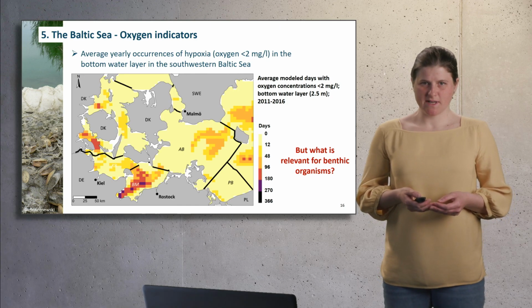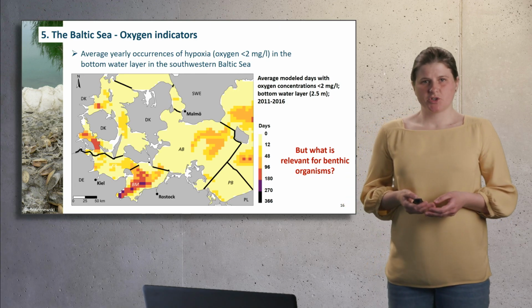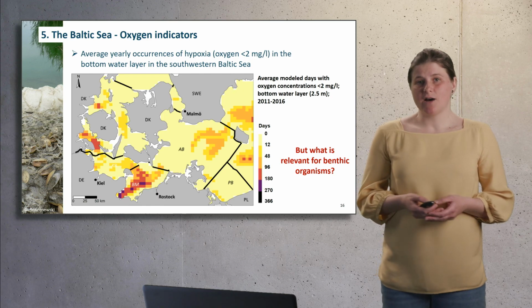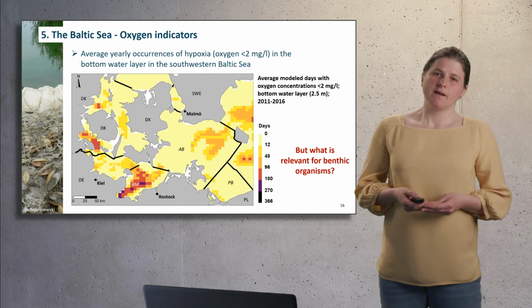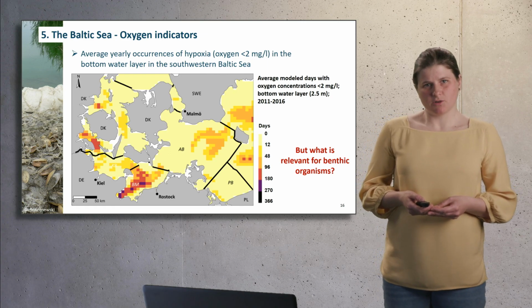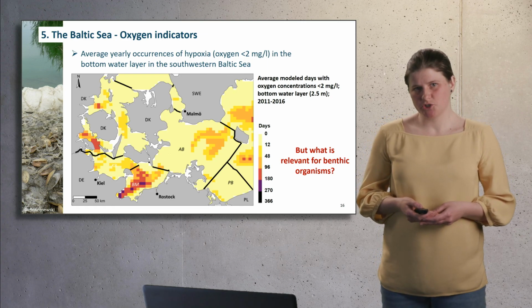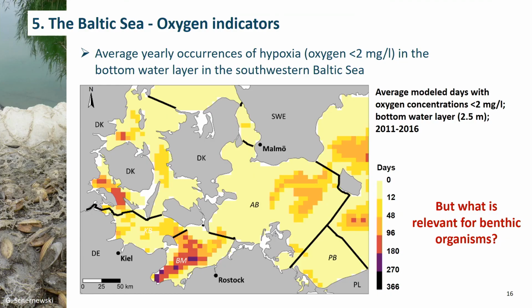Black to purple areas indicate areas where oxygen depletion can be expected for more than a half year on average, and red areas indicate areas where oxygen depletion occurs for more than 3 months on average per year. So with this map, information on how many days a year oxygen depletion situation can be expected. But is this information relevant for benthic organisms?